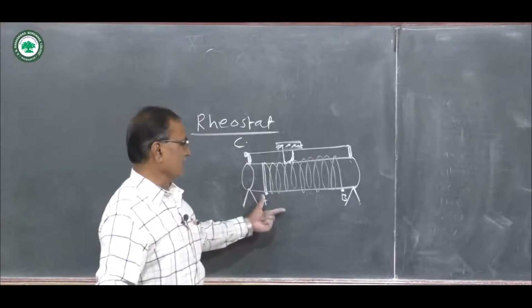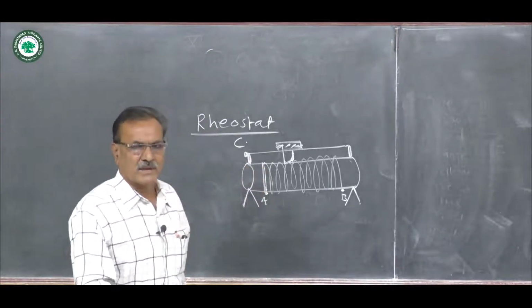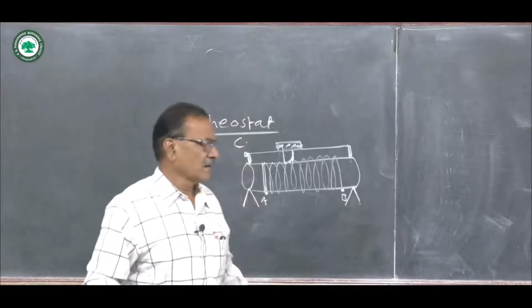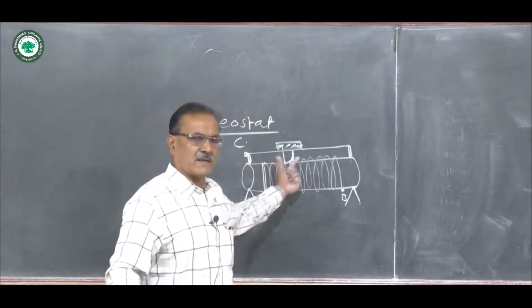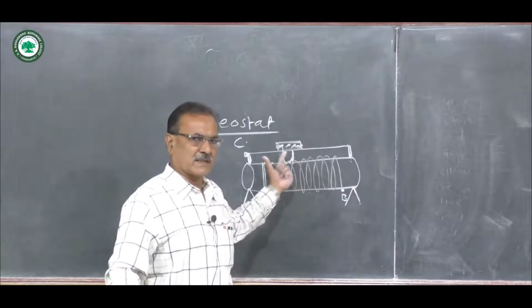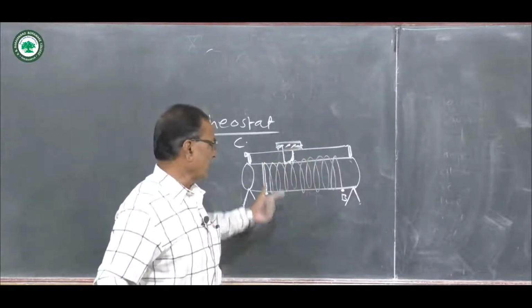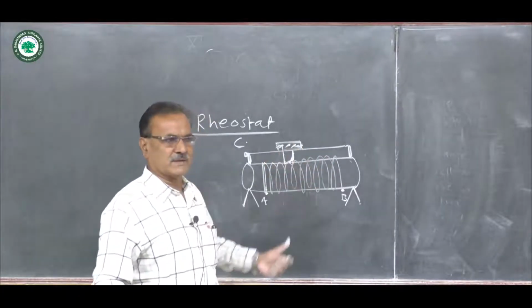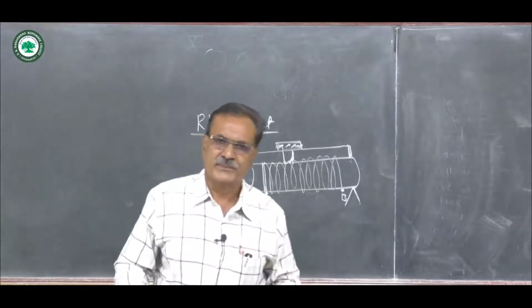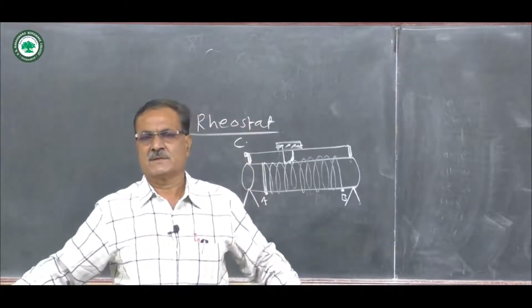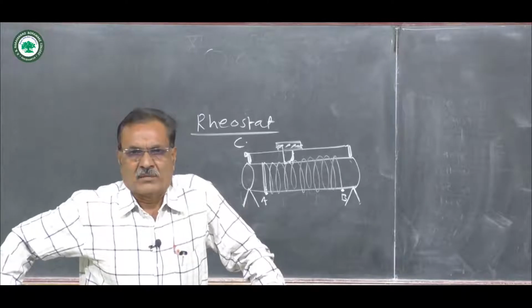So there are two fixed terminals and another, C, the variable terminal. So by using the variable terminal we can slide it, and by using this we can change the resistance to any value.